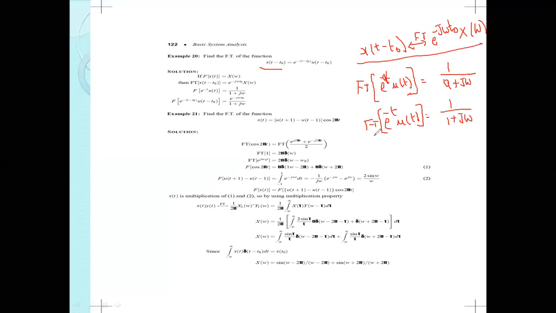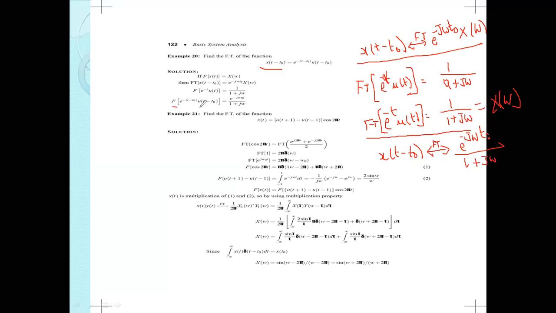So by using this property and the Fourier transformation of e power minus t mu of t, which is x of omega, the Fourier transformation of x of t minus t naught is e power minus j omega t naught, the shifted value, with 1 plus j omega in the denominator. Substitute x of omega as 1 by 1 plus j omega, multiplied with the negative exponential of t naught.